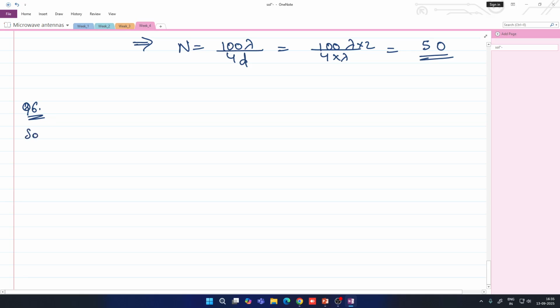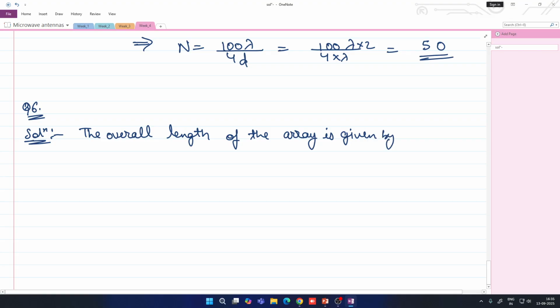So again I will use the formula. The overall length of the end-fire array is given by capital L equals n minus 1 into d.